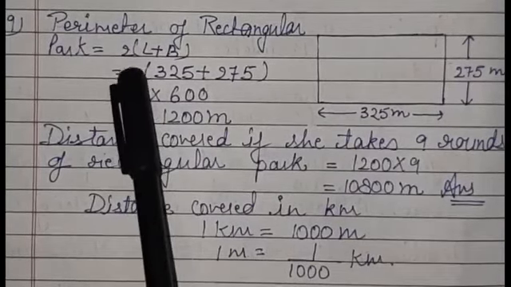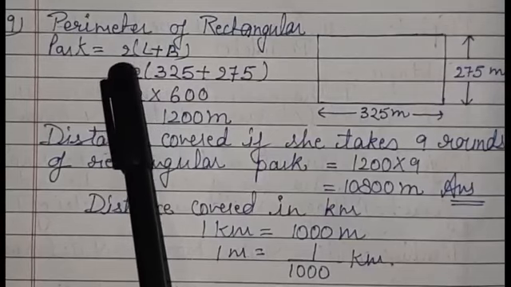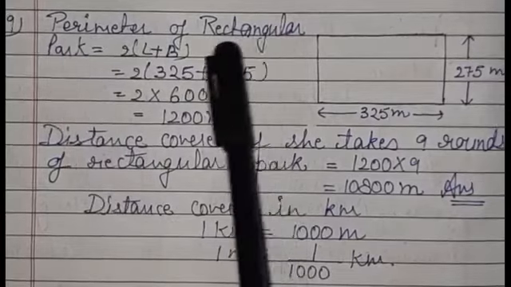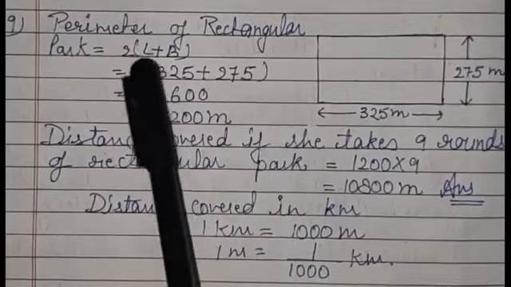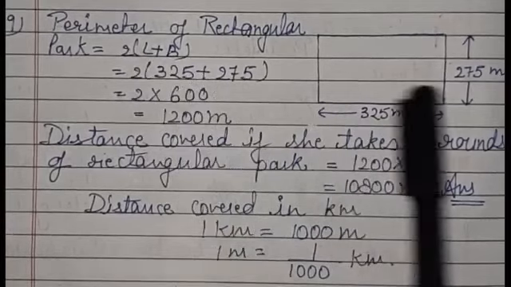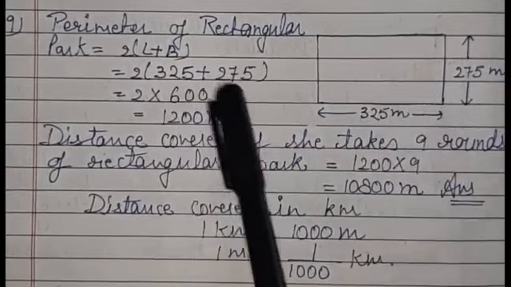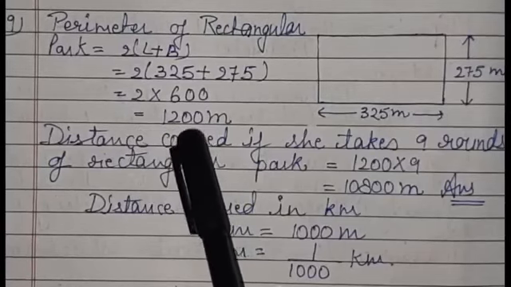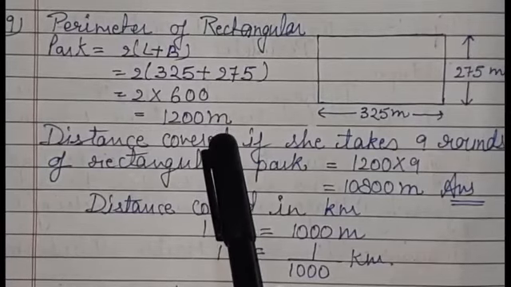So first calculate its perimeter using formula 2(L plus B) because park is rectangular. So put the value, length as 325 and breadth as 275. When we add, 600 will come and 600 into 2 is 1200 meters.